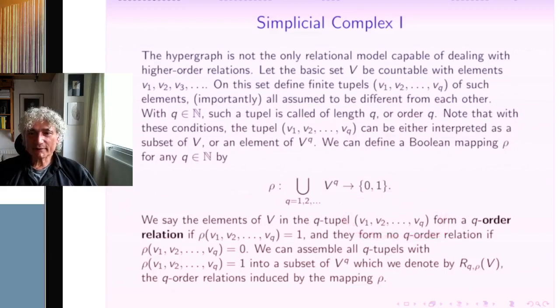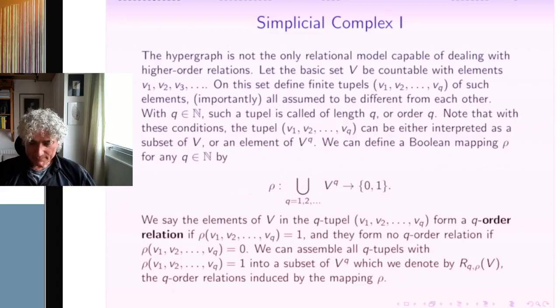Now the question is, of course, how do you define whether this Q tuple is actually ordered or unordered? We had already discussed this with respect to two tuples and graph theory. So, of course, this works by having permutations, and we will discuss that on the next slide.